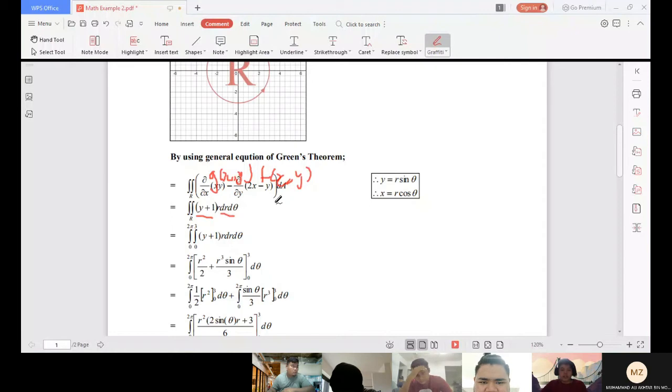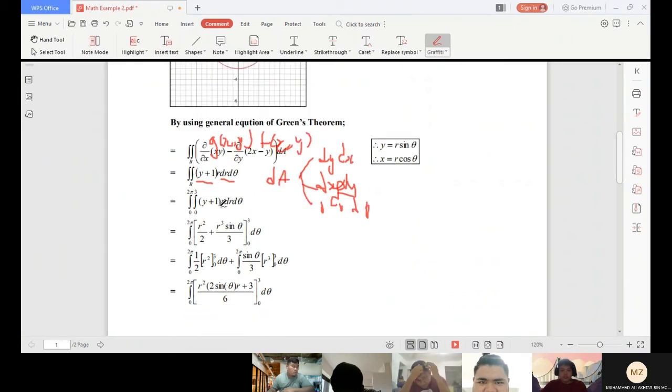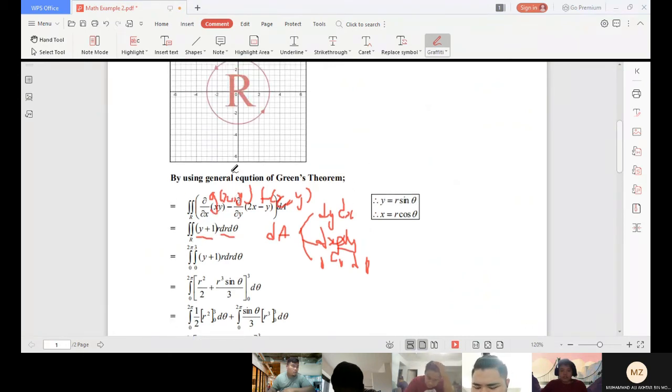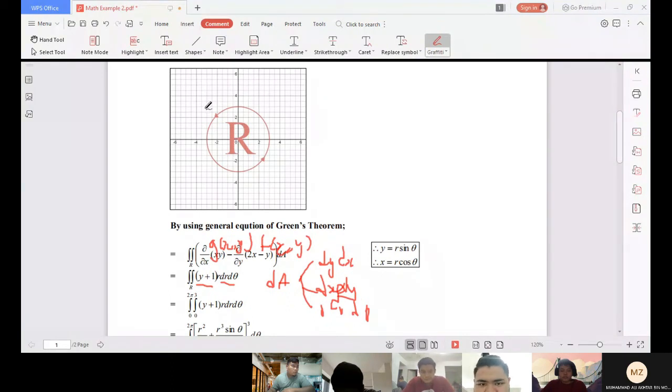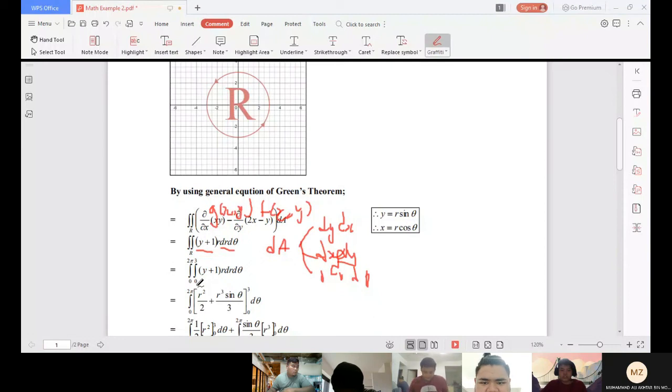Because as we know, dA can be anything: dy dx, or dx dy, or r dr d theta. By using this equation, we can get the limits by referring to the graph. So for r it is 0 to 3, and for theta 0 to 2 pi.